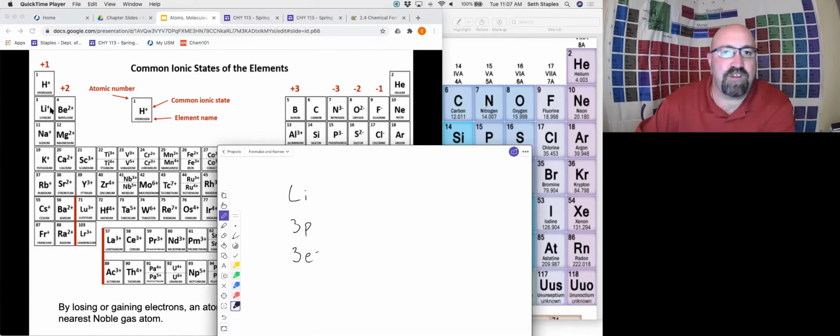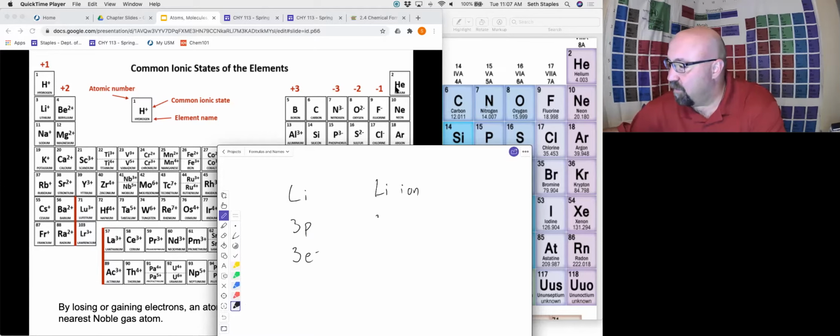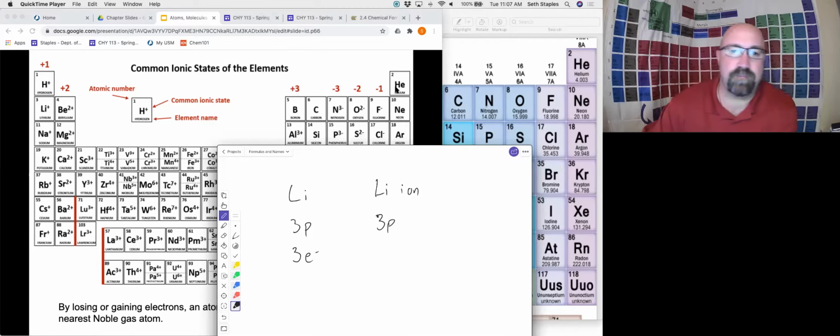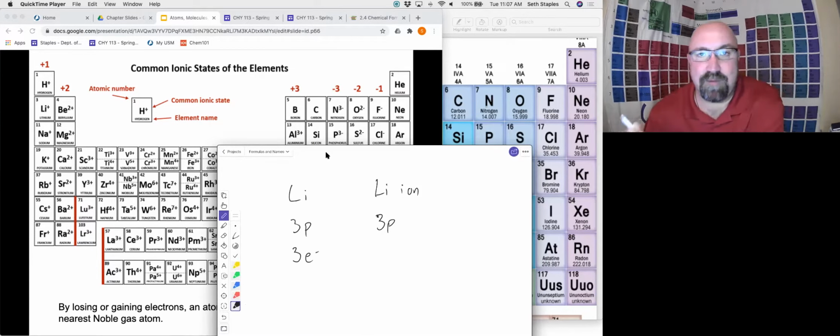And so as lithium forms an ion, it's still going to have its 3 protons. But in order for lithium to have the same number of electrons as helium, that means it's going to have 2 electrons. So lithium is going to lose an electron in order to get the same number of electrons that helium has. So it will be left with a 1 plus charge.